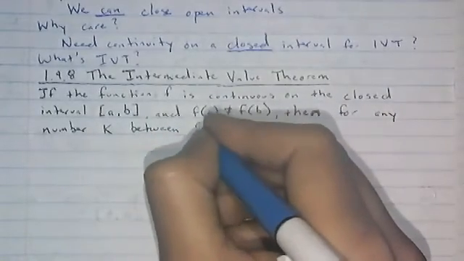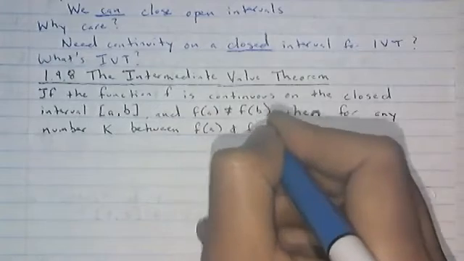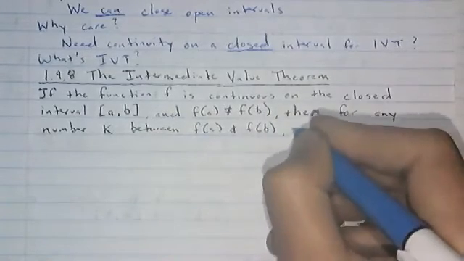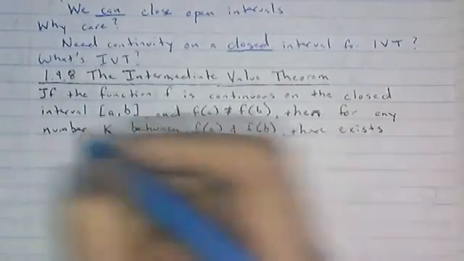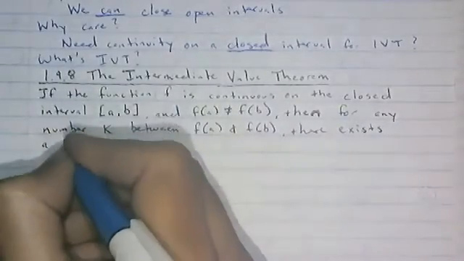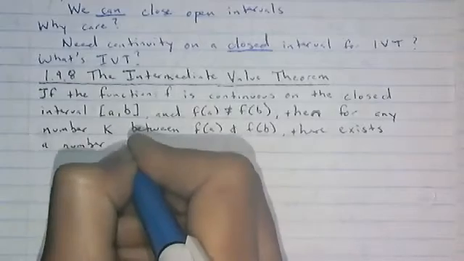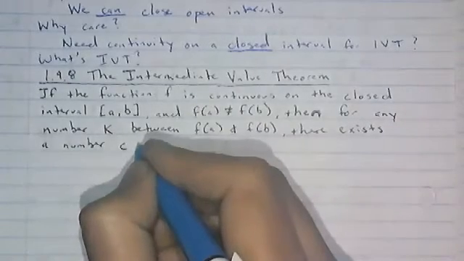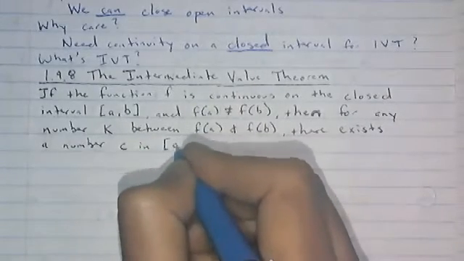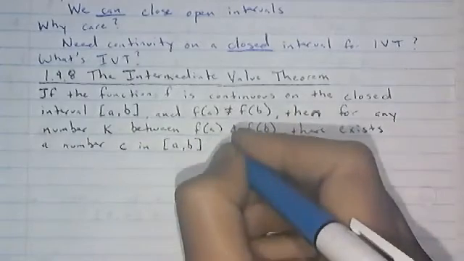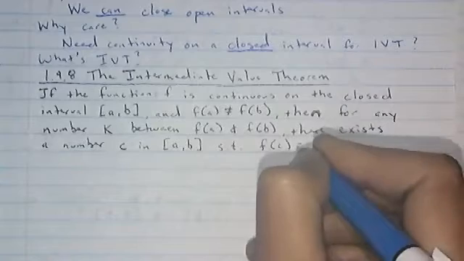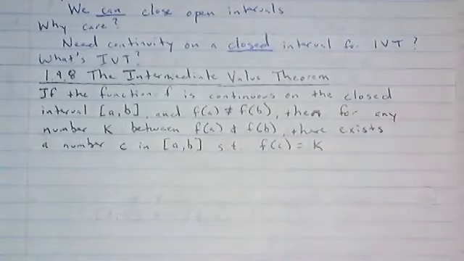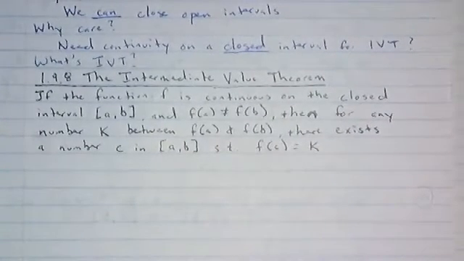Okay. There exists a corresponding number C in the interval A to B such that f of C gives you K. What does that mean?